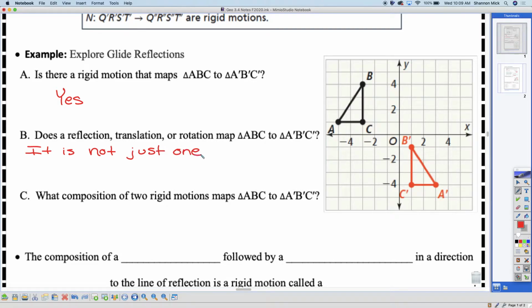What would they be? A reflection and rotation? Or no, it would be a translation and a reflection.